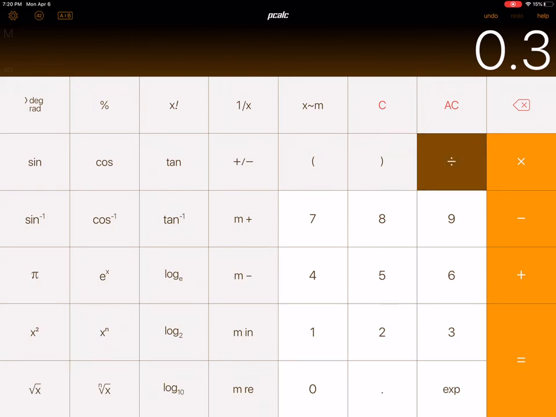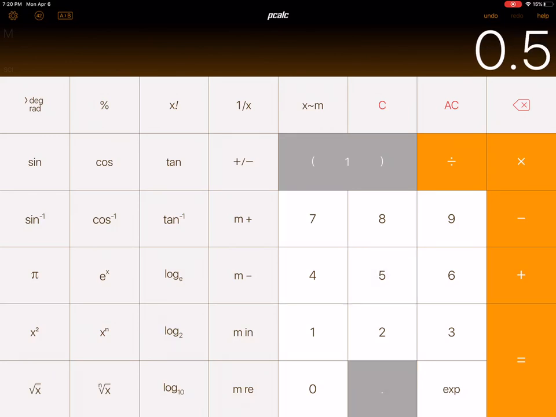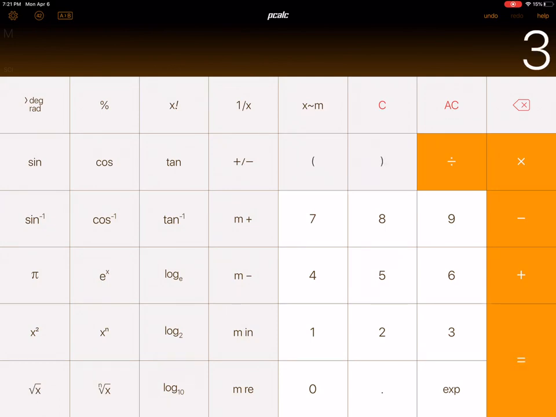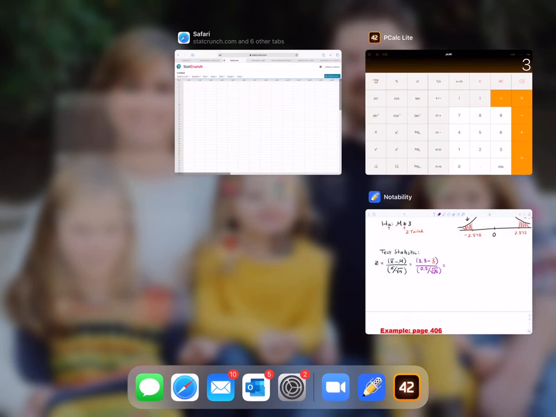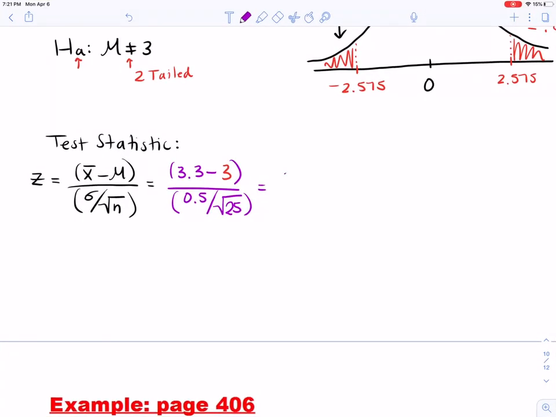And then when I divide, I'm going to open up parentheses, and I'm going to take 0.5 over the square root of 25, close my parentheses, and then hit enter to evaluate. All right, and again, if you have trouble getting your test statistic to evaluate correctly, then what I would encourage you to do is evaluate the top part, evaluate the bottom part, make sure not to round it too short, and then just do an extra step of dividing those two things.